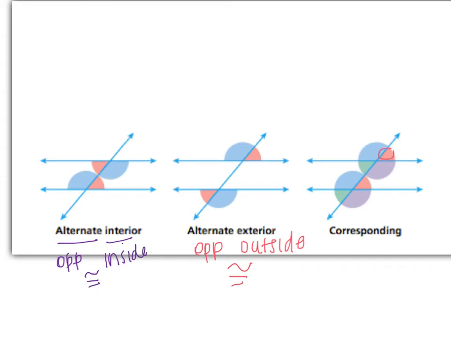All that means is if I took these and put them right on top of each other, they would be exactly the same. Okay, so this is a really good diagram to put in your notes. If put on top of each other, they will be the same.